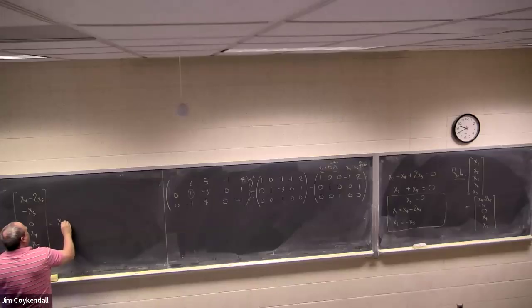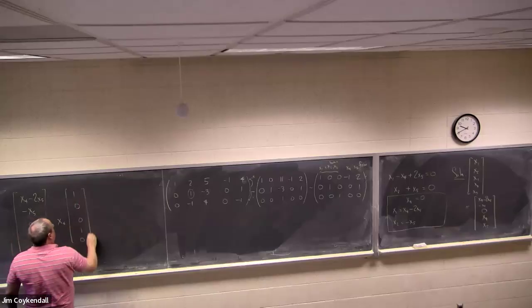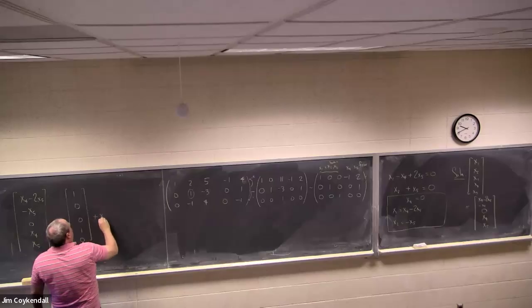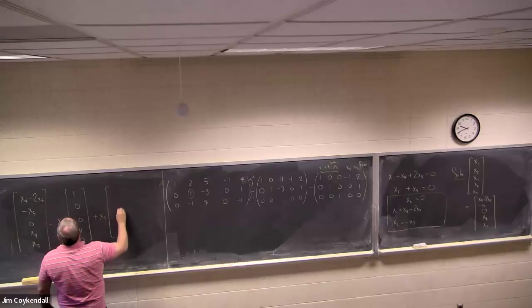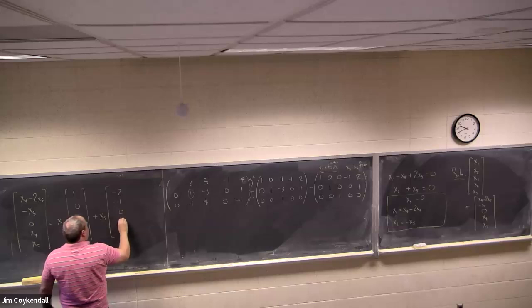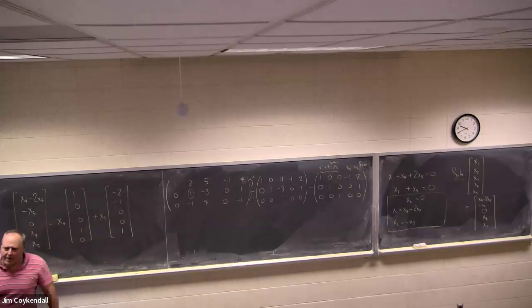Notice I can also write this as X4 times 1, 0, 0, 1, 0, plus X5 times minus 2, minus 1, 0, 0, 1. Everybody see how I pulled it apart this way?